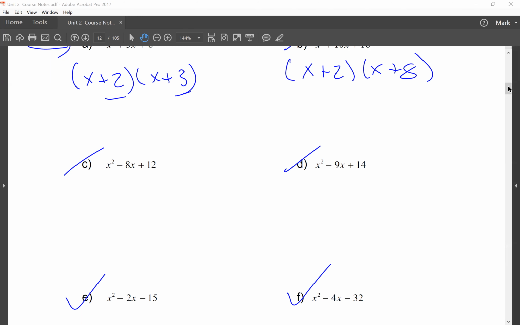By the way, I never mentioned this earlier, but you can always check your answers by expanding this, going back through your work. So X minus 2 and X minus 6, if you want to check this, well, first of all, negative 2 times negative 6 is positive 12, and negative 2 plus negative 6 is negative 8.